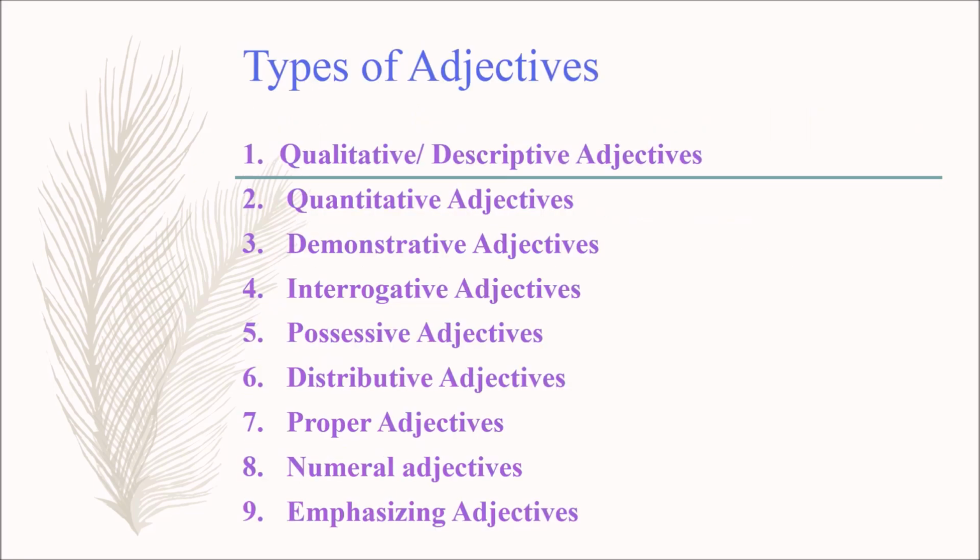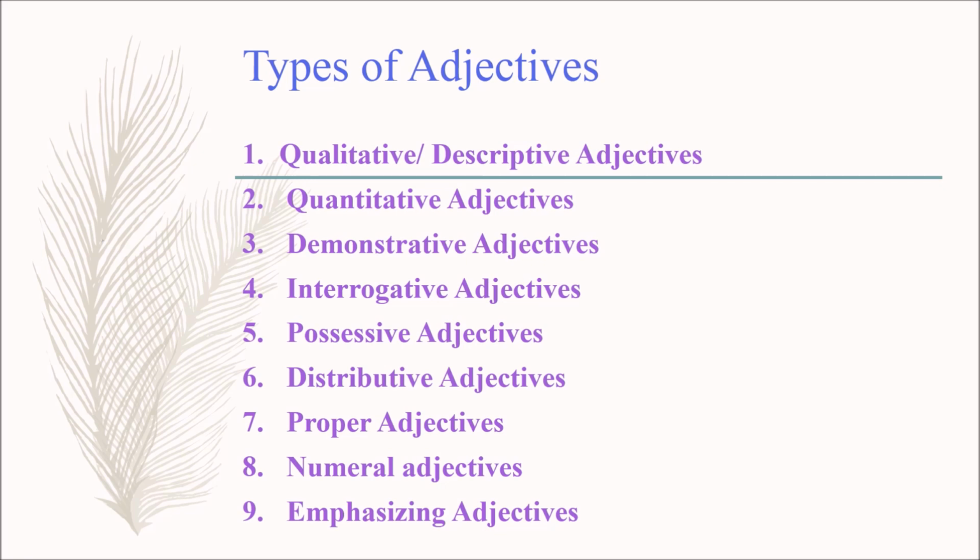Next, we are going to learn about types of adjectives. The first type is qualitative or descriptive adjectives, second quantitative adjectives, third demonstrative adjectives. Fourth type is interrogative adjectives.